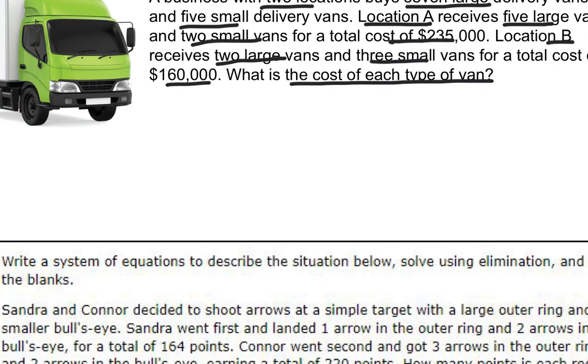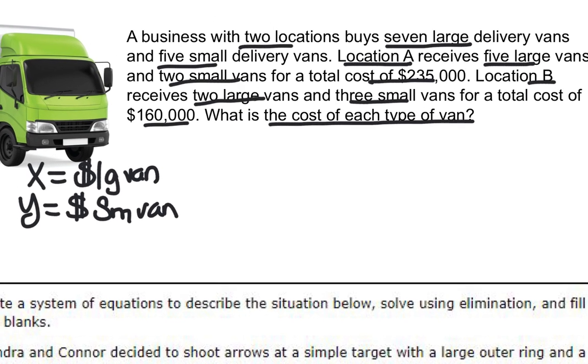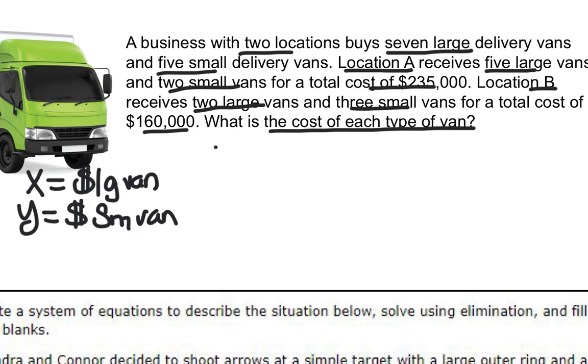So we're going to say that X is the cost of a large van, and Y is going to be the cost of a small van. Okay, so let's do location A. They got 5 large and 2 small.